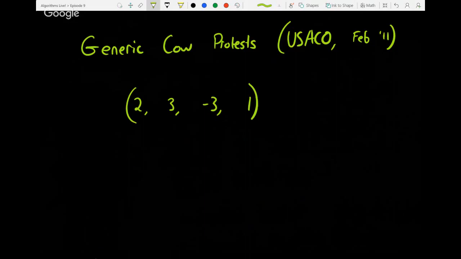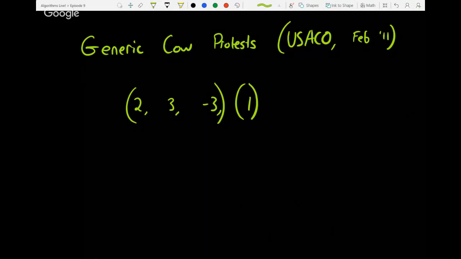Another way I could partition it is 2, 3, negative 3. Actually, I'll do it right on the thing. This is another partitioning, so I end up having one with sum of 2 and one with sum of 1. Another partitioning that could exist is 2 and then everything after it, and those are both positive. Well, I guess it's non-negative because they also say that this could occur. You could have 2, 3, negative 3, 1.